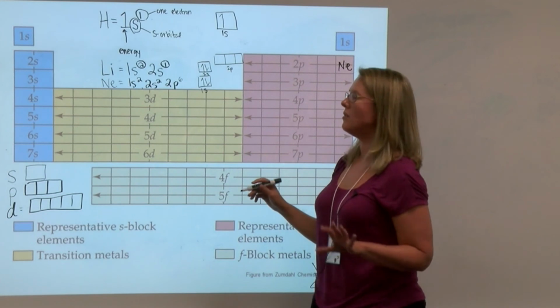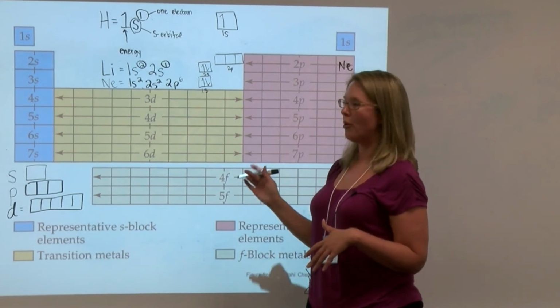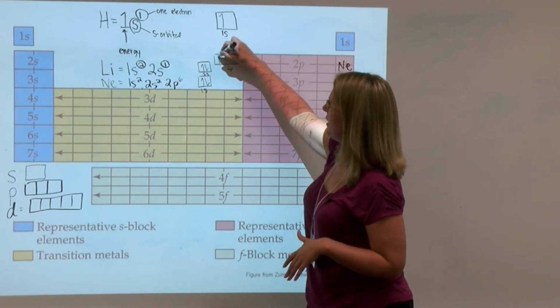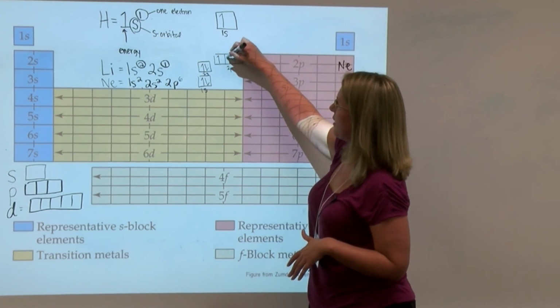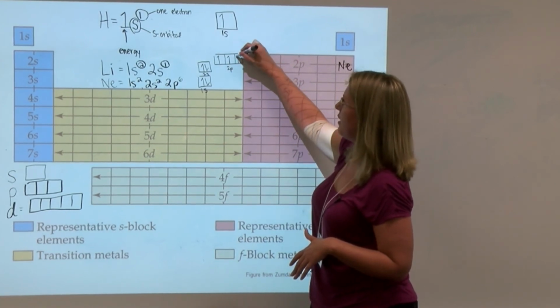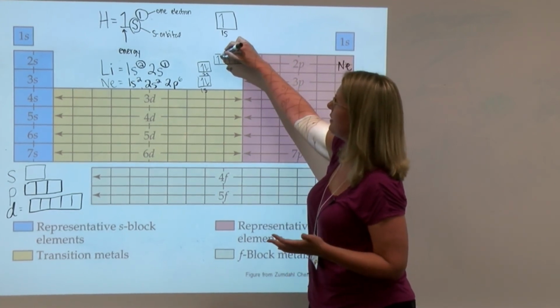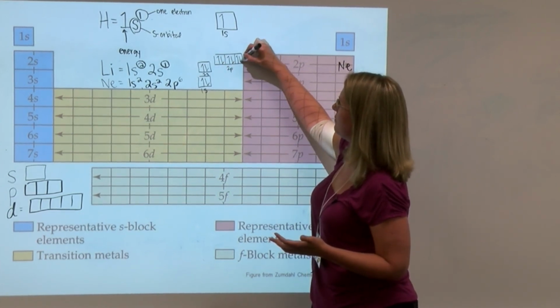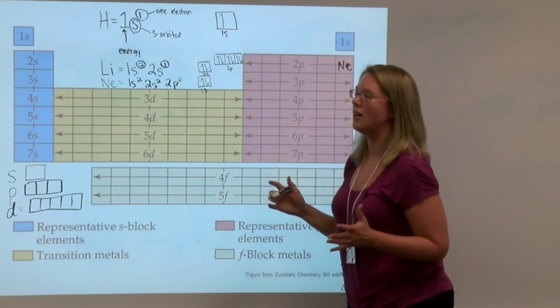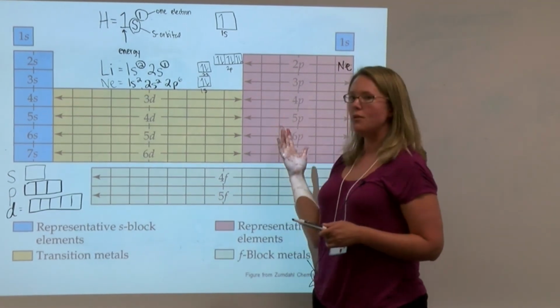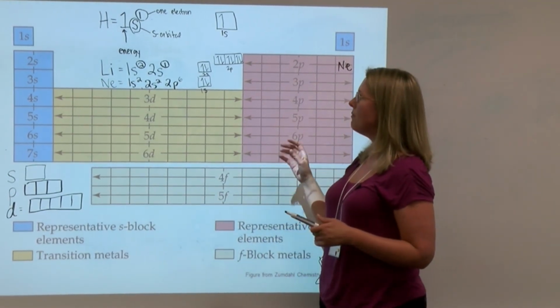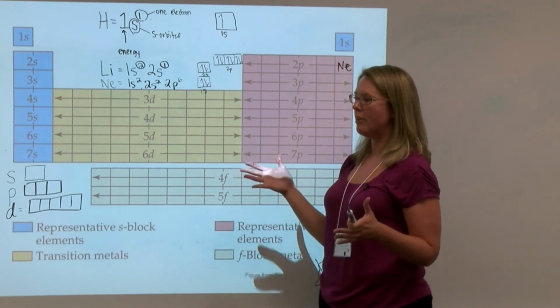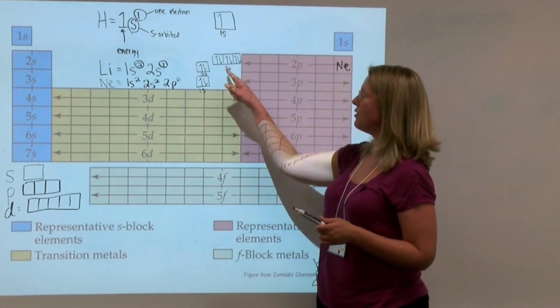Hund's rule says you put one in each box before pairing. So why do you think you'd put one electron in each box or each orbital before pairing up? Think about that. What type of charge do electrons have? They have negative charges, right? The analogy I'll use with my students is, you're at home, your parents have you, and you're the only child, so you get your own room.